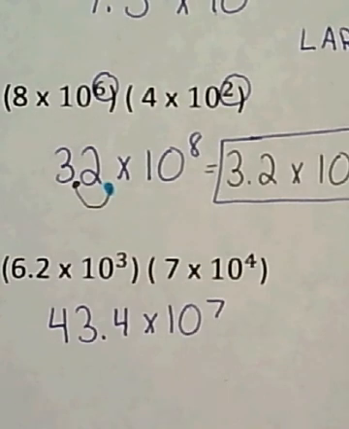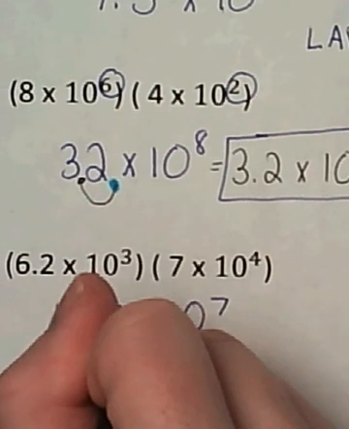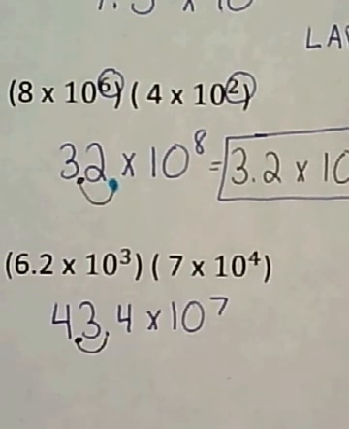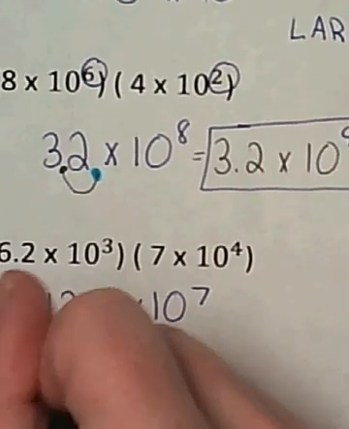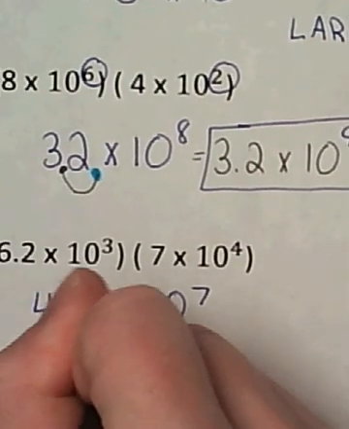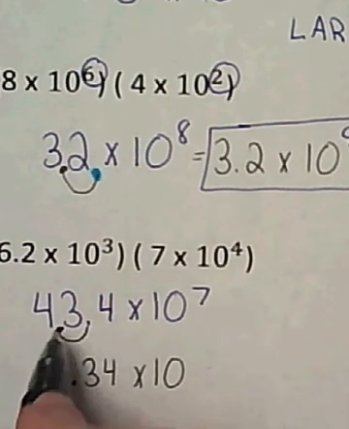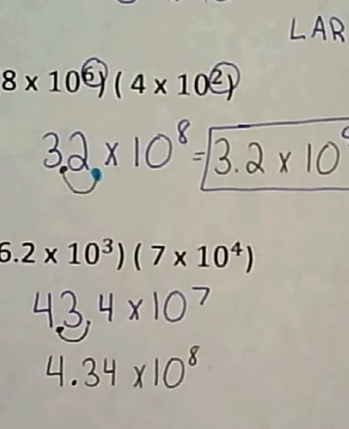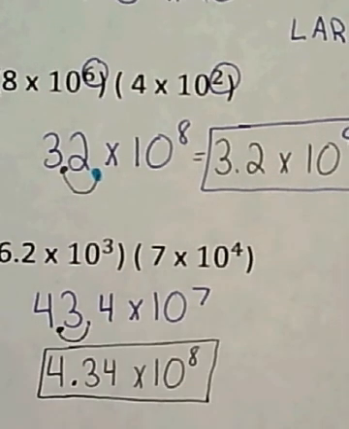But that's not proper scientific notation because there are two numbers in front of the decimal. So let's see what we can do. We can move it one time to the left. Because we're moving it to the left, we add. So we have 4.34 times 10. Now because I moved it once, I'm going to add 1. So we got 4.34 times 10 to the 8th.